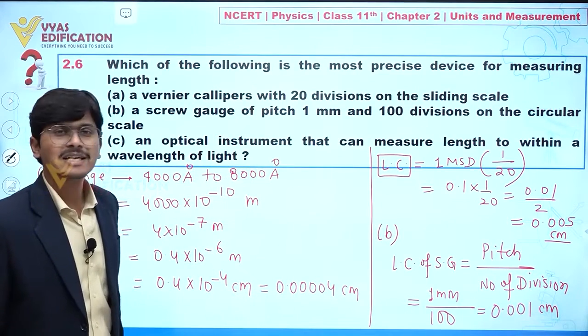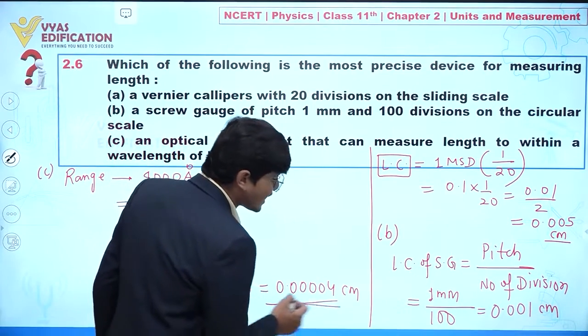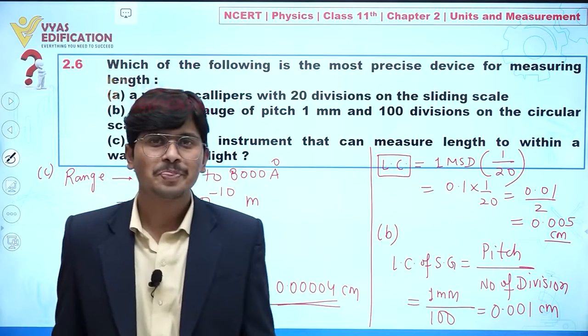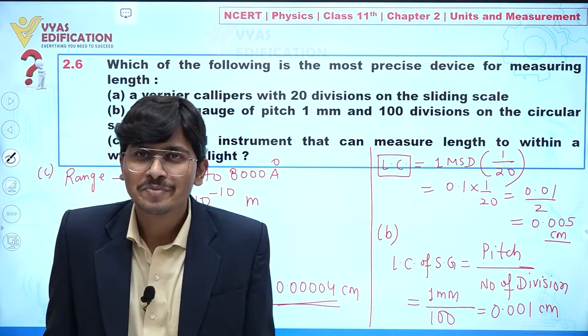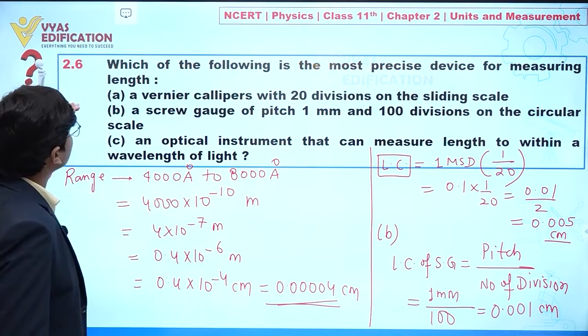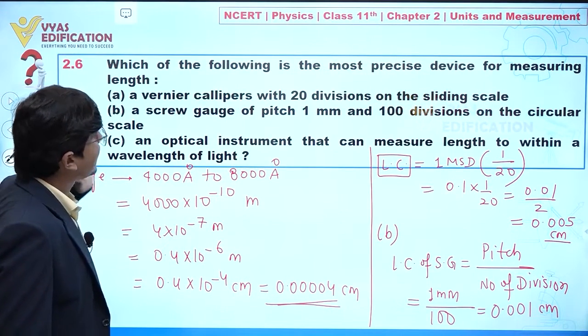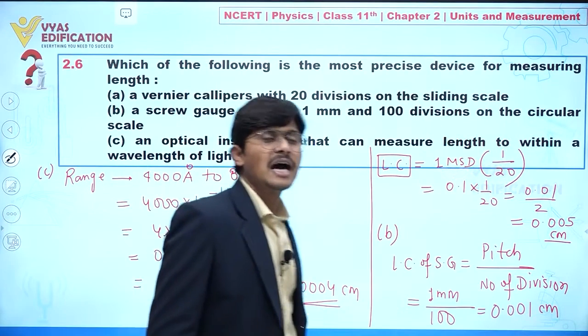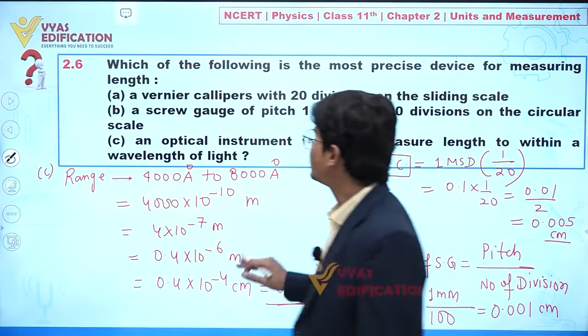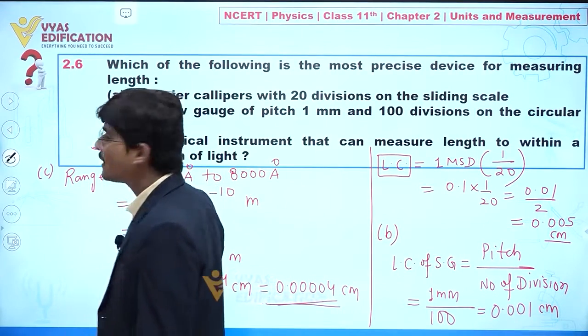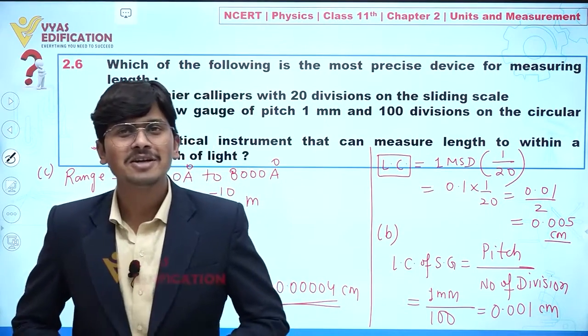So if we measure length using an optical instrument, the least count is very small. Comparing the vernier caliper, screw gauge and optical instrument, the most precise instrument to measure length is the optical instrument. So this is all about this question.